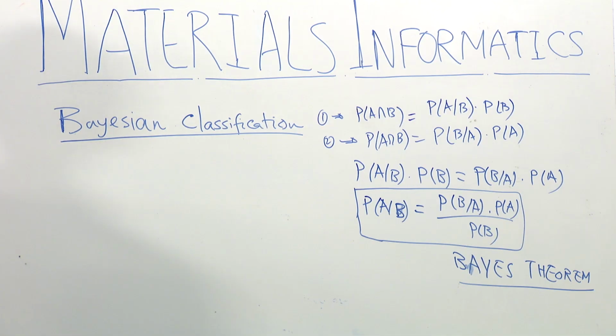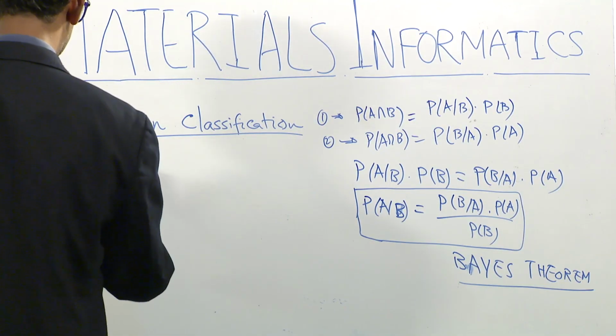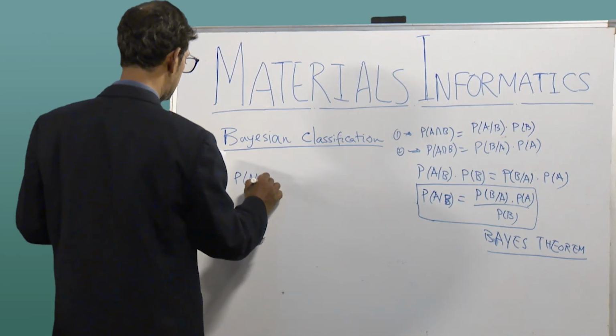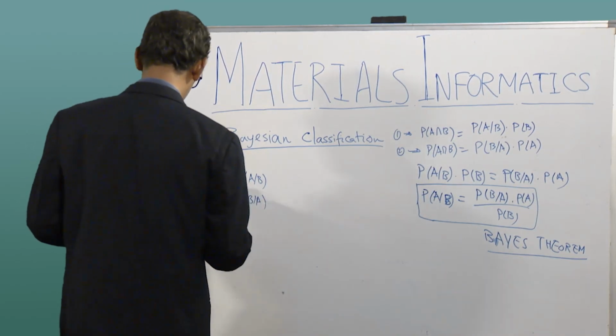So, conditional probability, let us say of event A. By the way, P(A/B) and P(B/A) have some names.